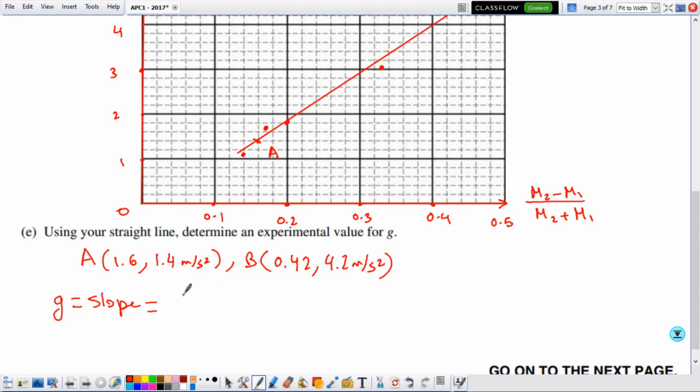So in this case, what do we have? We have 4.2 minus 1.4, and the unit is meter per second square, and the denominator is given by 0. So I think 1.6 is wrong, because this should be 0.16, so let me correct it.